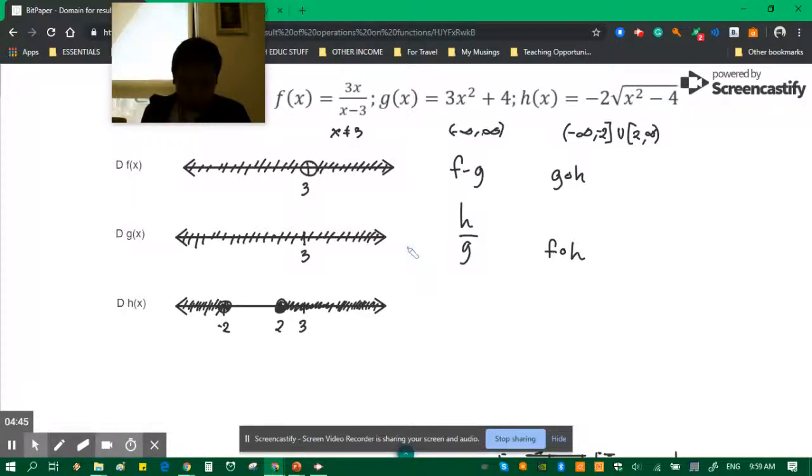So for f minus g, again, we simply take the values that will work for both f and g. Since f doesn't work with 3, f minus g won't work with 3. So the domain of f minus g will also be this one.